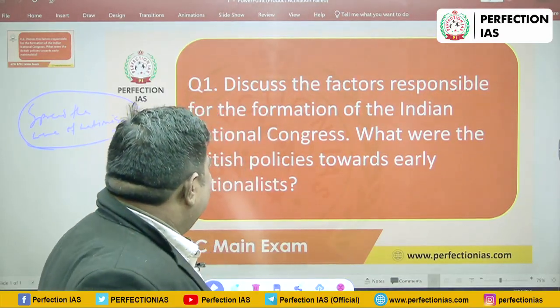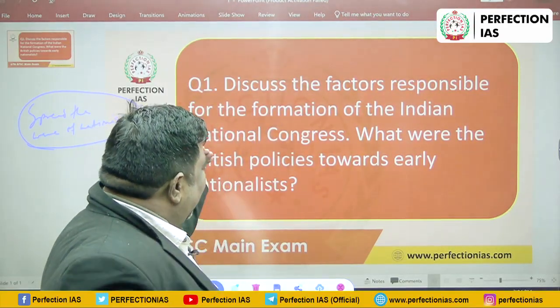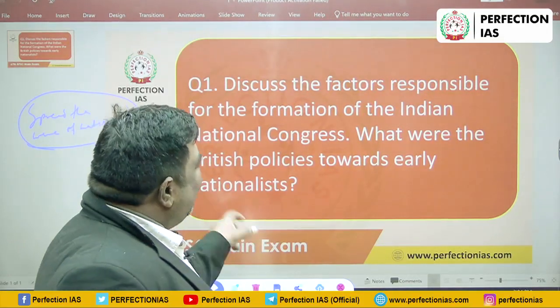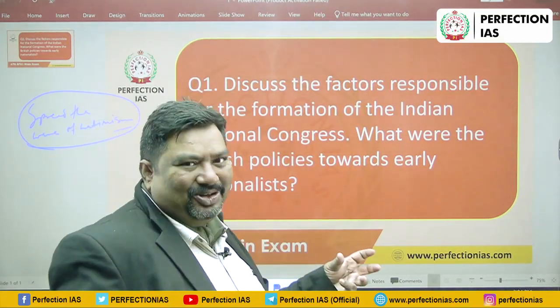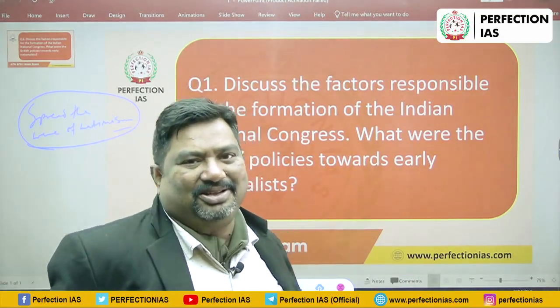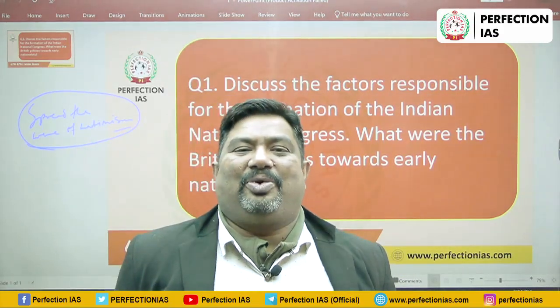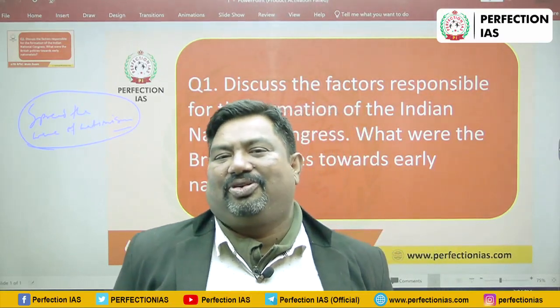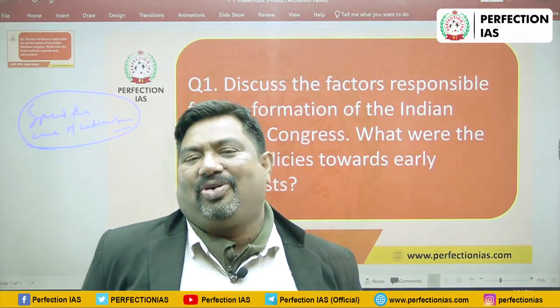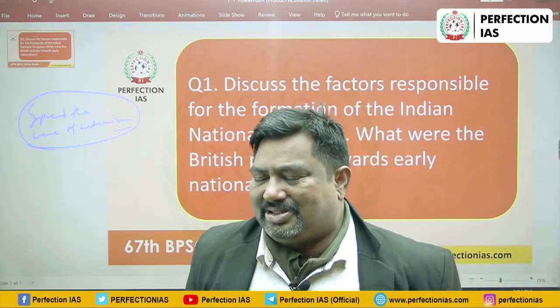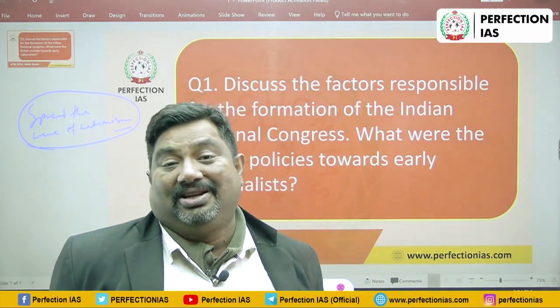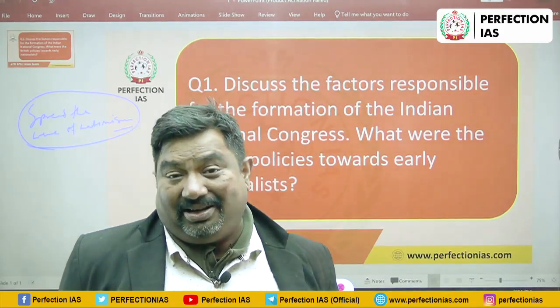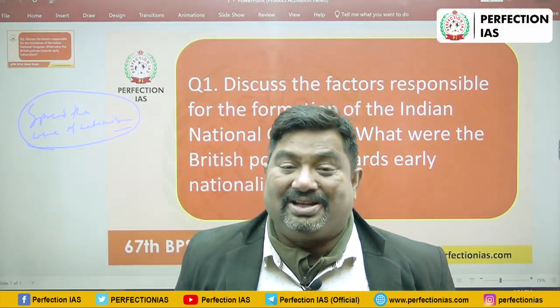So initially liberal, and then they keep on twisting their policies towards the early nationalists. By the start of the 20th century, you will find a very harsh policy from the government, and deliberately the government will try to break the Indian National Congress by establishing the Muslim League and many other detrimental forces.